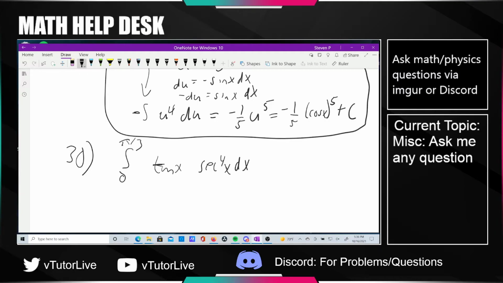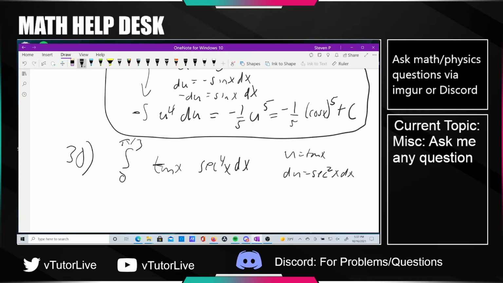Yeah, so this one had a really neat trick to it, I think. Initially I wanted to make u equal to tan x, and then du is equal to secant squared of x dx.